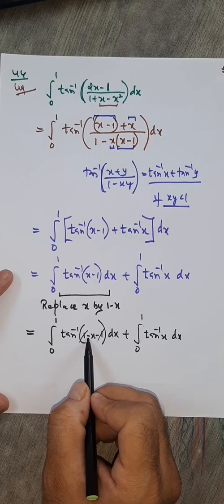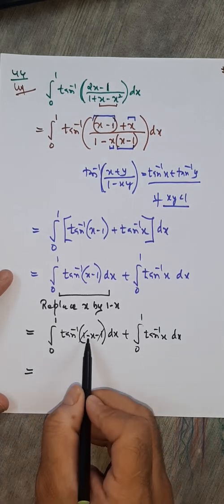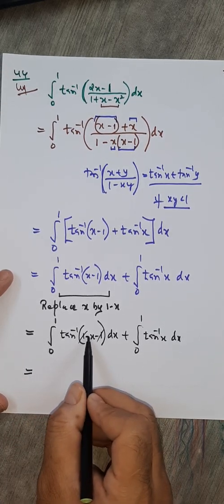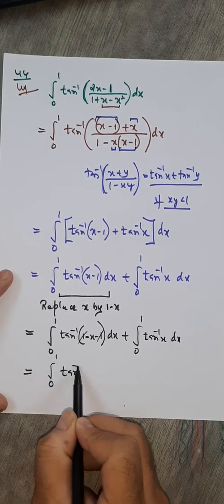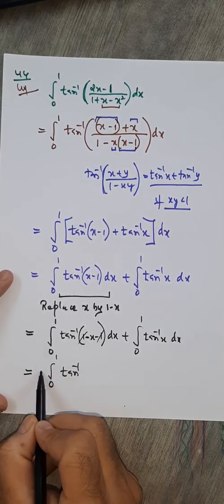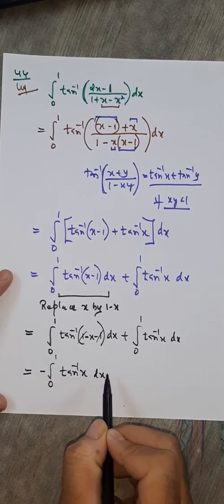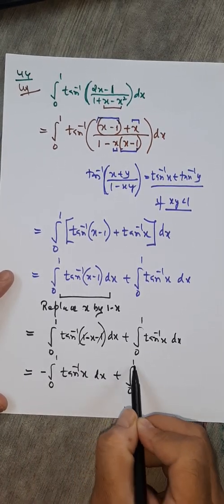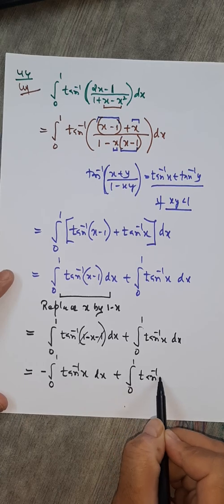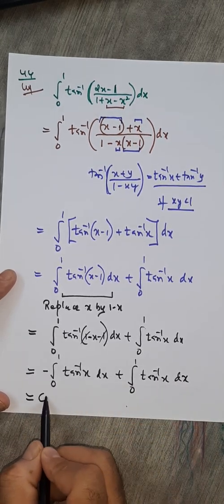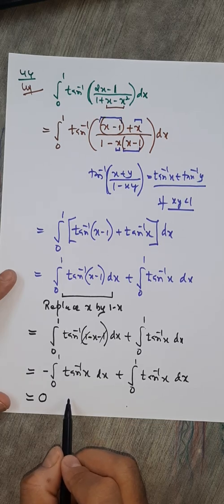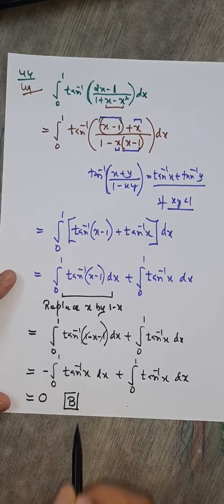The 1 will get cancelled. This minus sign you are getting, integral 0 to 1 tan inverse of minus x, so minus will come out, minus tan inverse x, plus integral 0 to 1 tan inverse x dx. So both will get cancelled. The answer is 0, which is nothing but option D here.